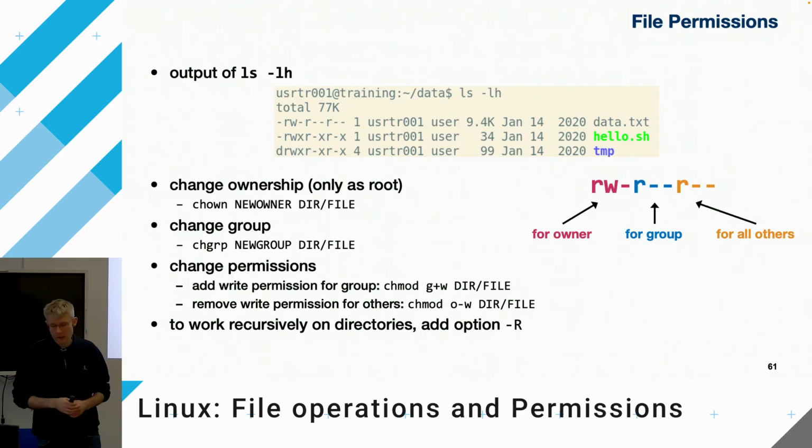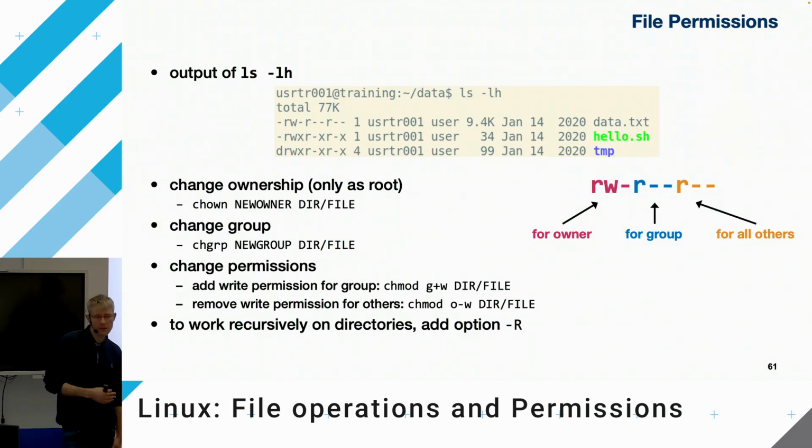Maybe you have some configuration files that you don't want your colleagues to change because you're currently running a program that uses this file. Then maybe you can disallow your colleagues to write them, or you have a folder where you have some other important work. Then you can disallow them to even look at the content of the folder, even if it is inside of your common project folder.